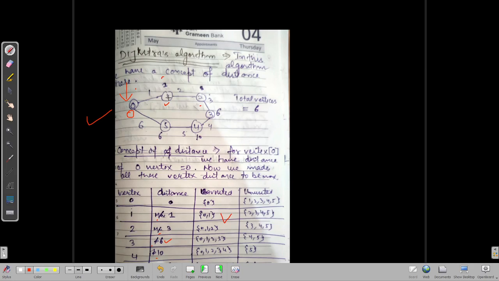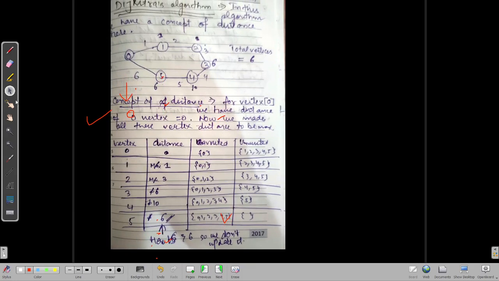So again, from 1 to 2 we have to cover 1 plus 2 is 3, and the previous one is infinity, which is very high, so we change it. Similarly, for 2 to 3, which is 3 plus 3, which is 6, and previously we had infinity. Similarly, 6 to 4, which is 6 plus 4, which is 10, so we update it. Okay, now it is fine.